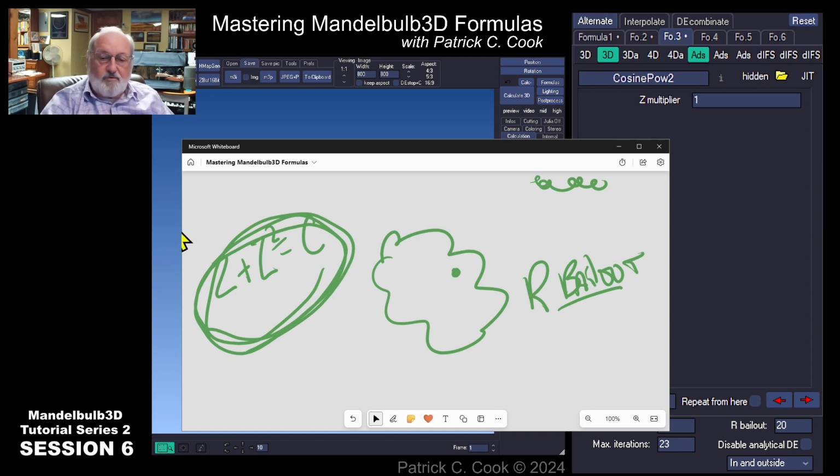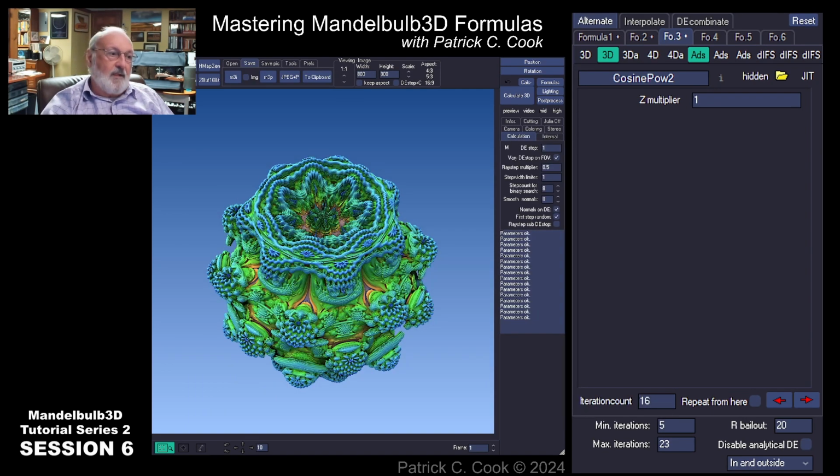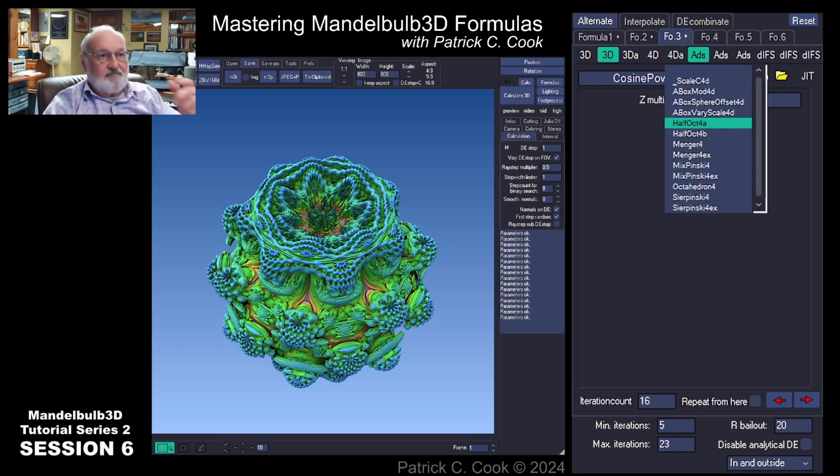Now let's go back over to our interface here. I just want to point out, if you take a look at this graphic right here, this Mandelbulb object, this is the cosine POW2, and that's currently assigned to the Mandelbulb.